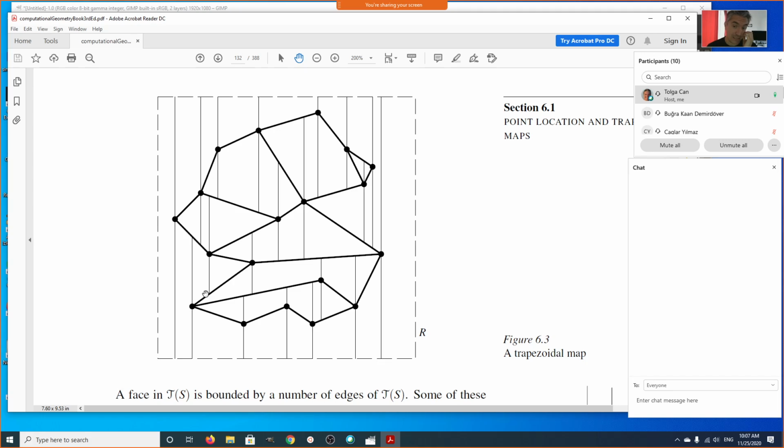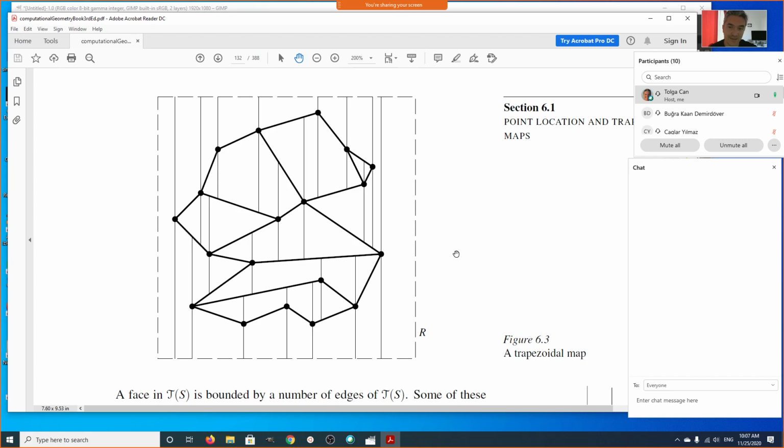I cannot directly perform queries on the vertical slabs. They do not continue all around. And the edges too, the sides too, do not continue all the way around. The edges are not divided. Some of them are long, some of them are short. So we have this problem, but we can solve that.